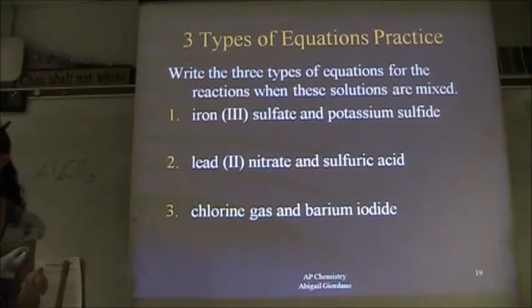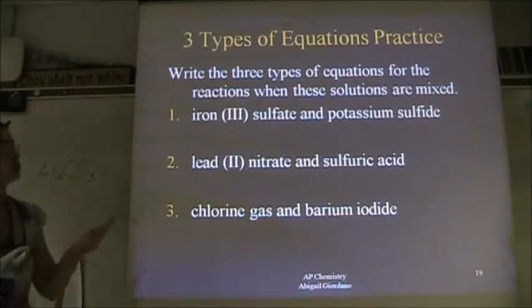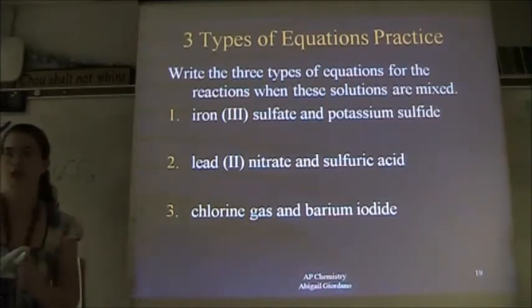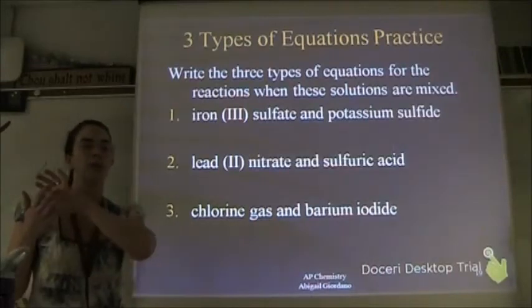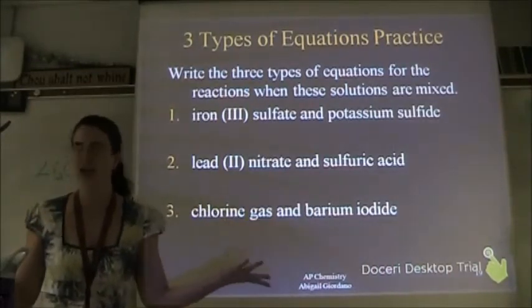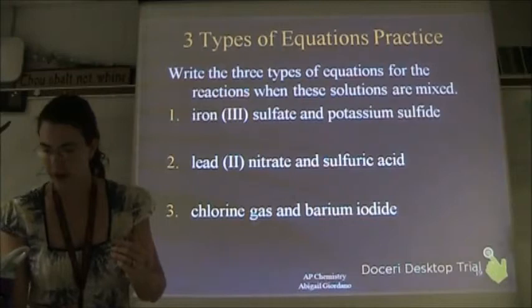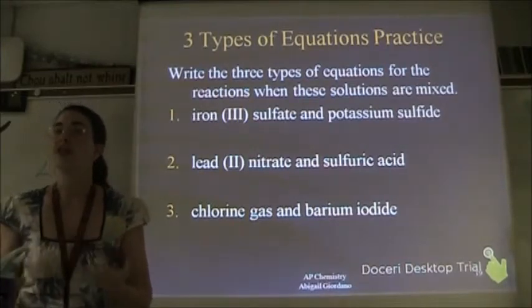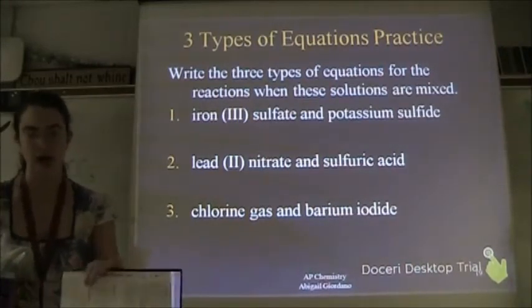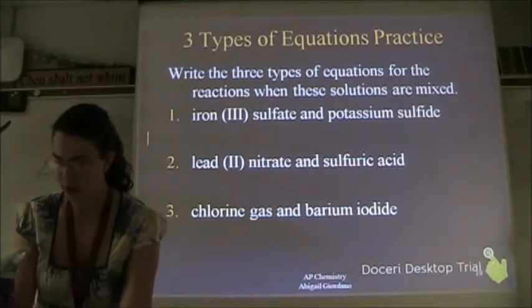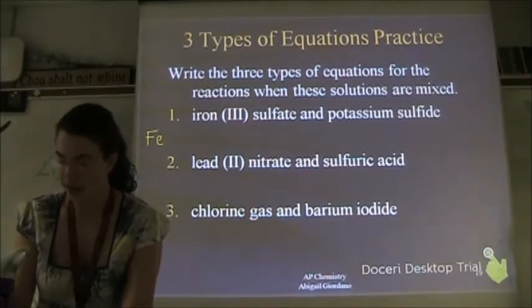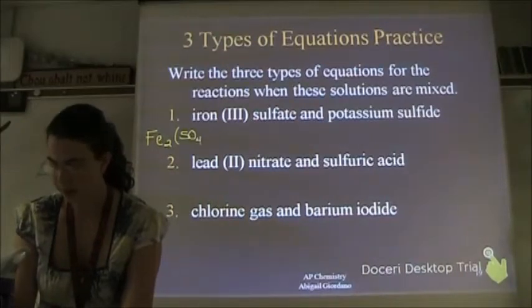We're going to work number one together. Okay. Iron 3 sulfate and potassium sulfide. So the first thing I'm going to do is write out my molecular equation, just like you did in Chem 1. Okay. What is the formula for iron 3 sulfate? Tell me. Fe what? All right, Fe2.